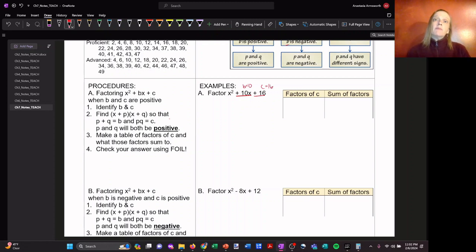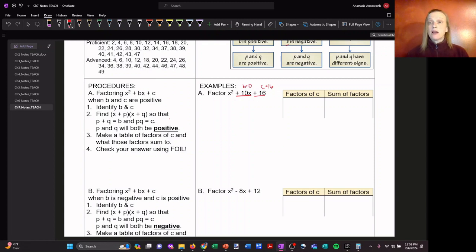Because we're going to be talking about factors that multiply to a certain number, and factors that, when you add them together, give you a certain number, we need to know which number B is and which number C is. We need to find the right values of P and Q so that P times Q equals C, in this case 16, and P plus Q equals B, the 10 term.